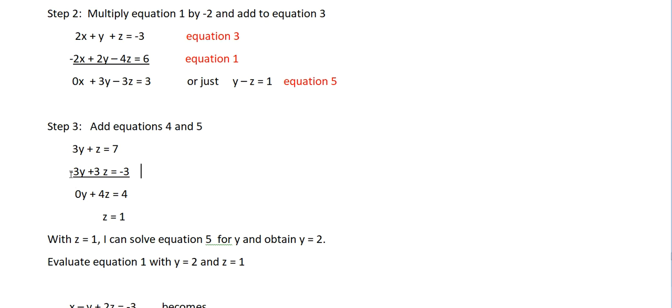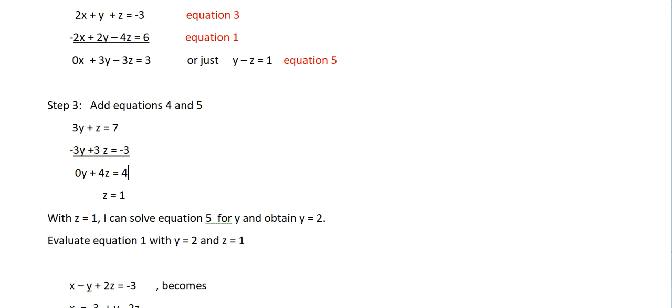Okay, so 3y minus 3y is 0. We know that our expression is going to contain only one variable. 4z equals 4, so plus z and plus 3z is 4z. 7 minus 3 is 4. So we have 4z equals 4 and z equals 1.